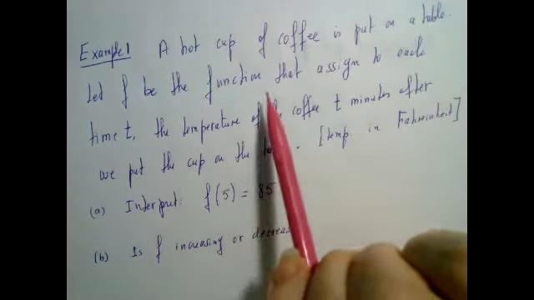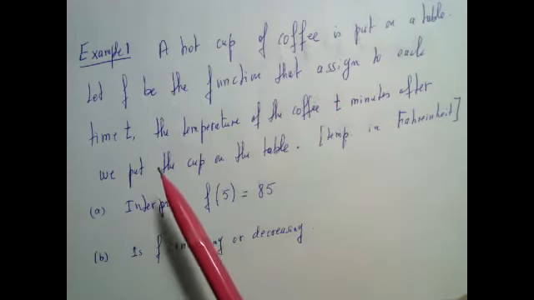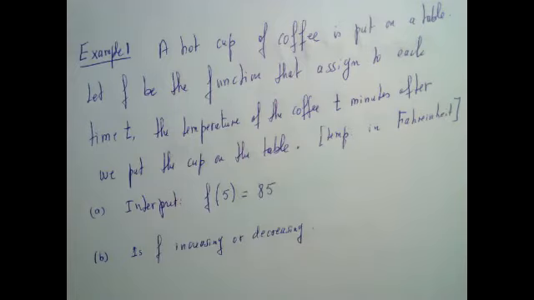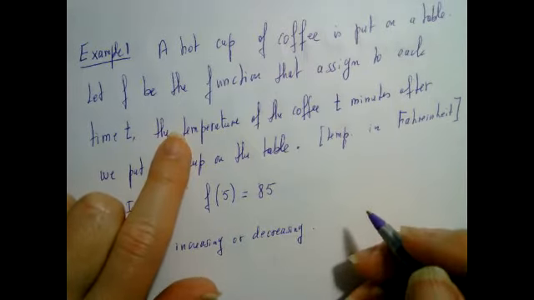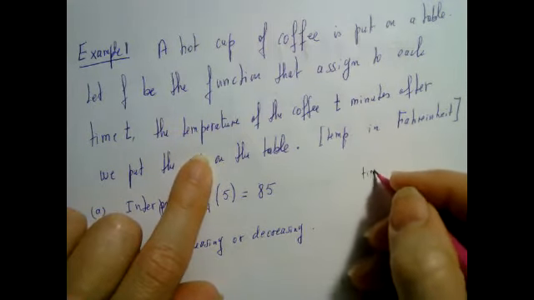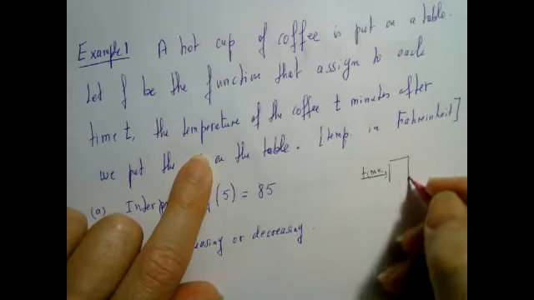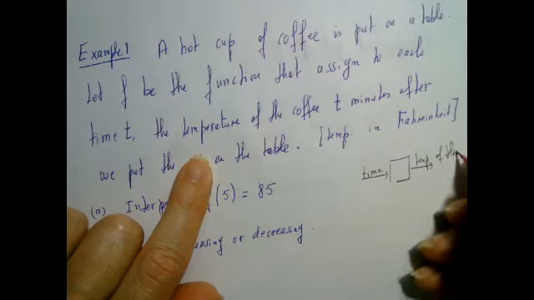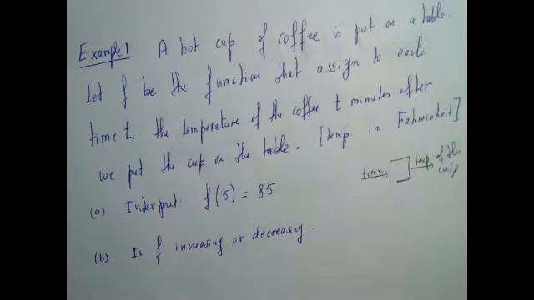Let f be the function that assigns to each time t the temperature of the coffee t minutes after we put the coffee on the table, and the temperature is measured in Fahrenheit. So what is my function doing? I have this hot cup of coffee, and I have a rule that assigns to each time, whatever the time is, the temperature of the cup. Question number 1.